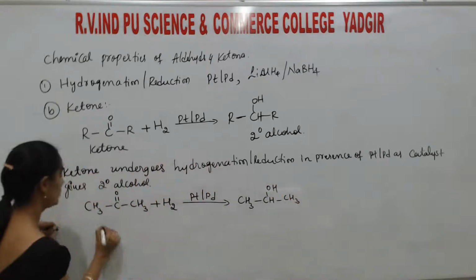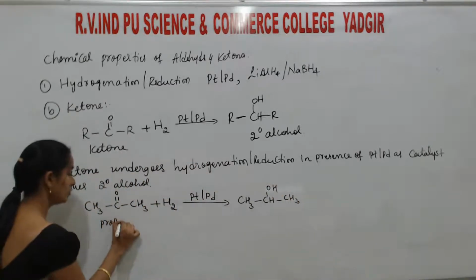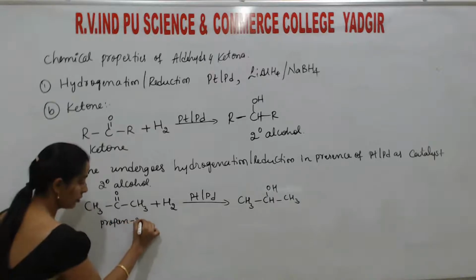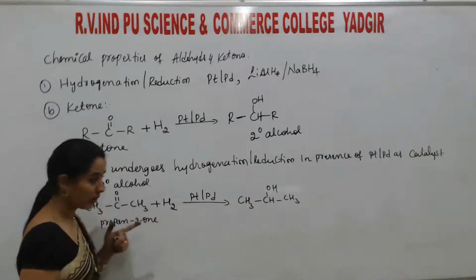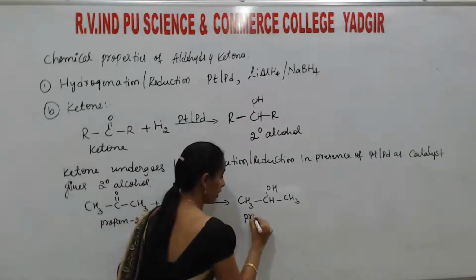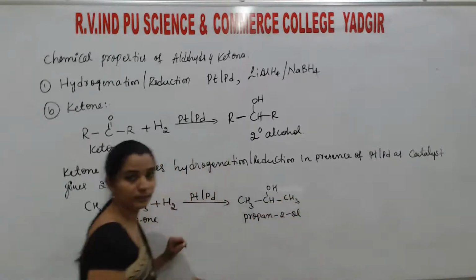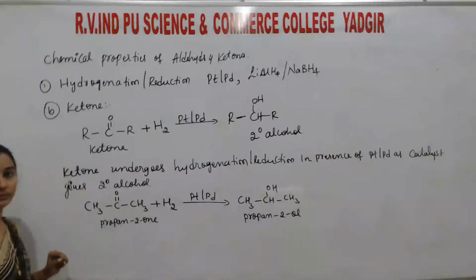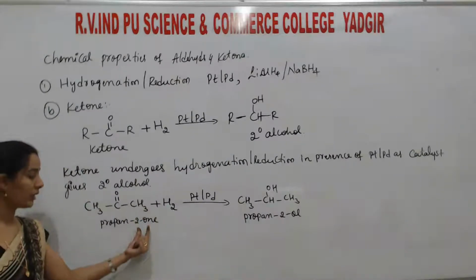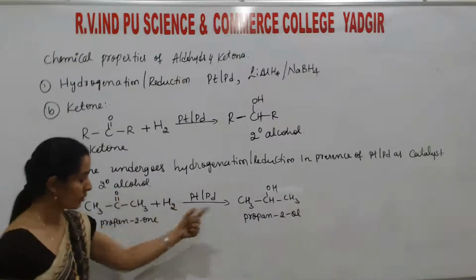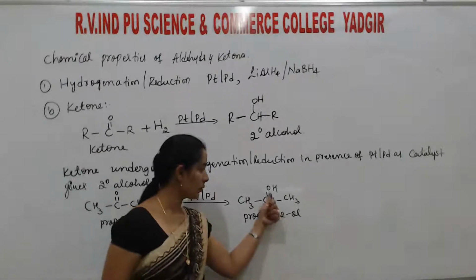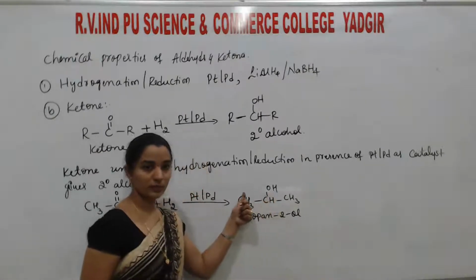So students, this one is propanol, or propan-2-ol. Propanol: second position CO group is there, and after reduction, second position OH group is there.